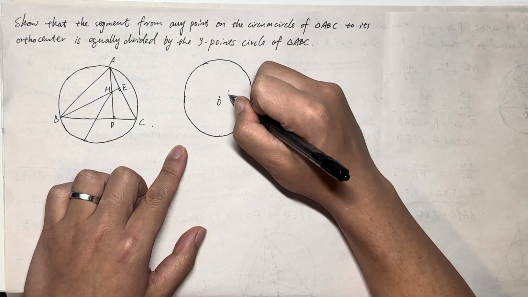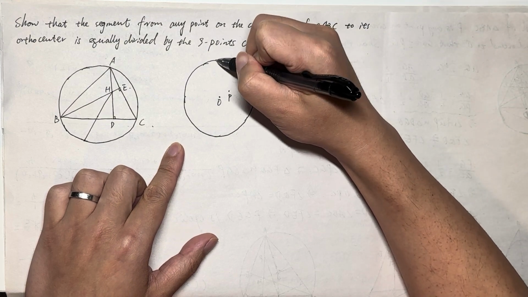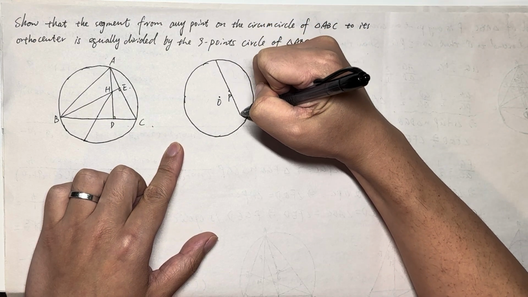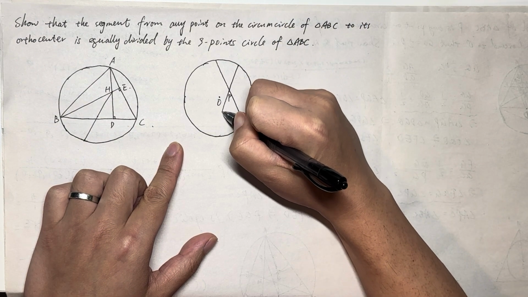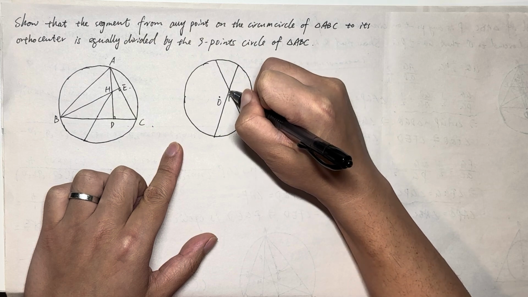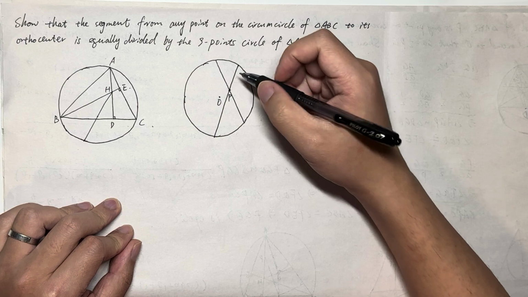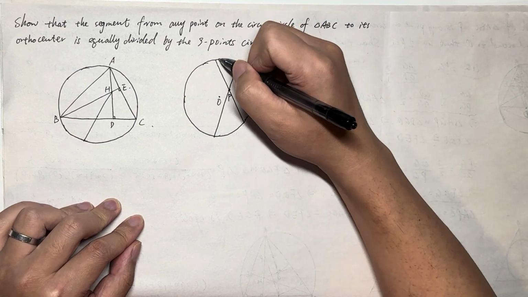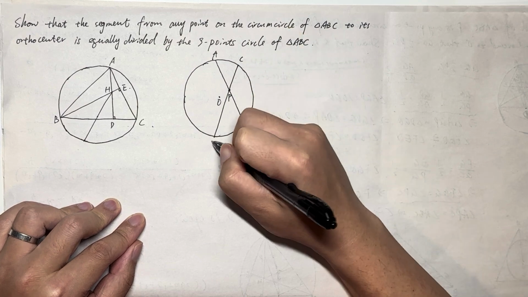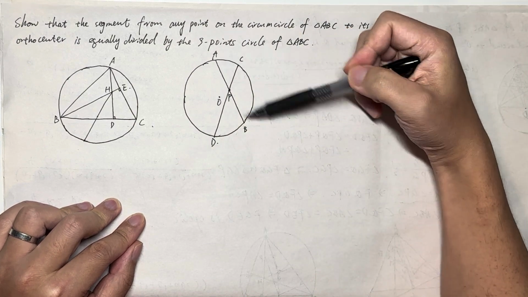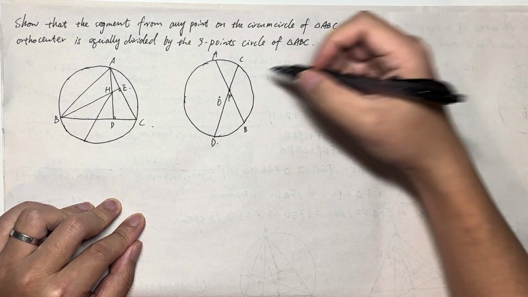Let's call it P. So we can find an arbitrary chord through the point P. Now we consider this. Let's say it's A, B, C, D. We have chord AB and chord CD through P.